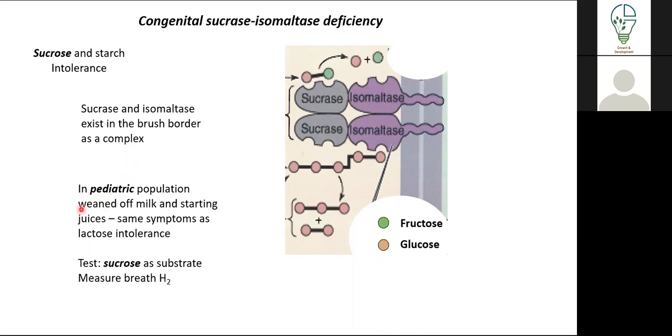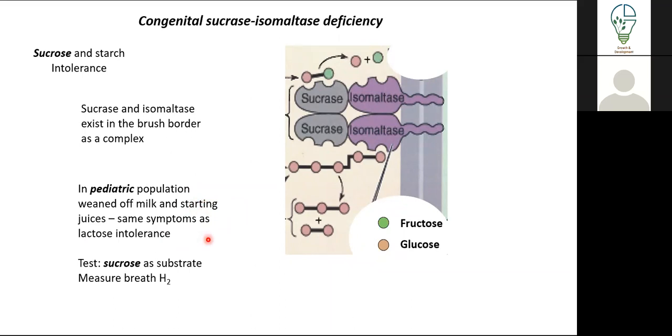Yeah, and basically in the pediatric population, because most of these things you will notice in the babies, once you start giving them juices that contain sucrose, you will catch this disease. Because before that, they're only drinking milk, which has lactose. But once you introduce sucrose, you will see this problem. And it will present the exact same way as lactose intolerance because it's basically the same thing.